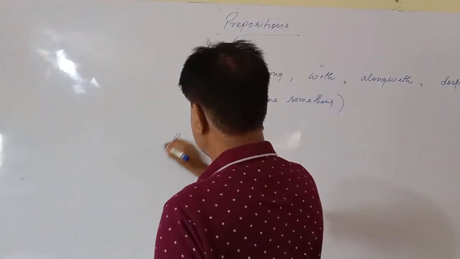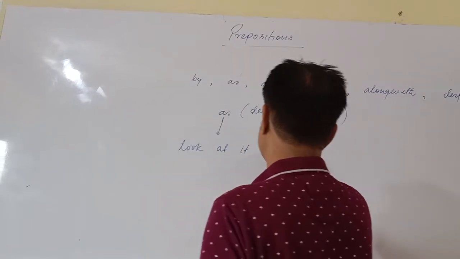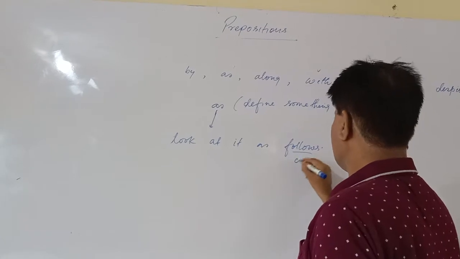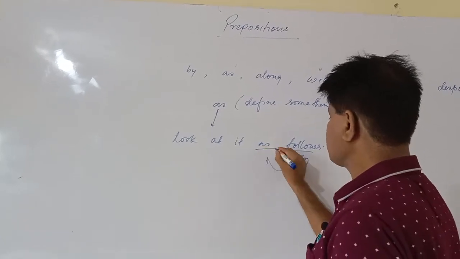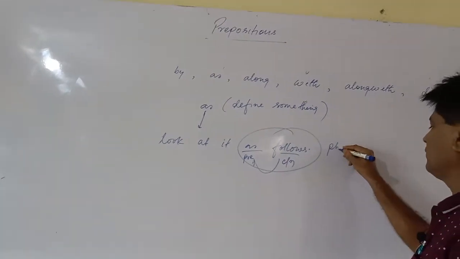Look at it as follows. Look at it as follows. Here follows defines a common noun, and before that you are using as as a preposition, so it becomes a phrase for you, right?